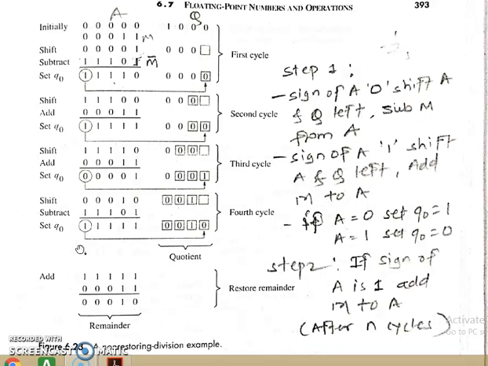So to get the correct remainder, we have to add M to A. So we are adding M. So this is M. So 1 plus 1, 0, carry 1. 1 plus 1 plus 1, that is 1, carry 1. So 1 plus 1, 0, carry 1. 1 plus 1, 0, carry 1. 1 plus 1, 0, carry 1, and that is discarded because only 5 bits are stored in the accumulator. So this is 0 0 0 1 0, and that is the remainder of this algorithm.